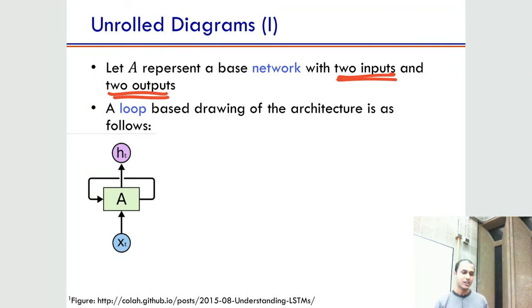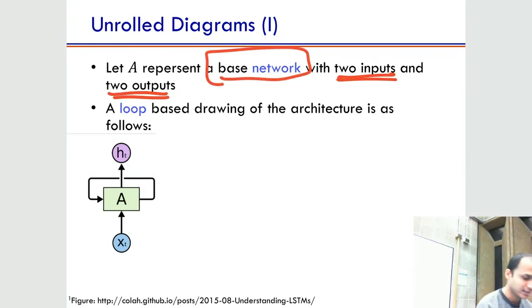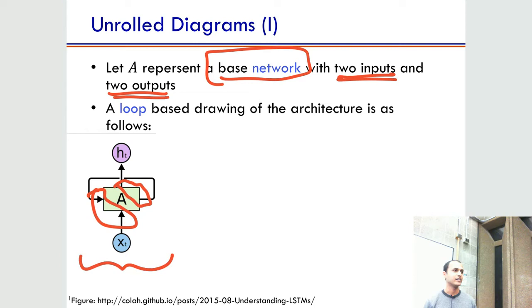So let's say I call that the base network, or the starting point. And then what I'm going to do is, see there are two inputs here and two outputs here, right? I'm going to take one of the outputs and plug it back to the input. Okay, this is one way to represent this idea that I have two inputs and two outputs. One output is actually being fed back as an input, and so this closes the loop, and there is the usual output and the usual input.